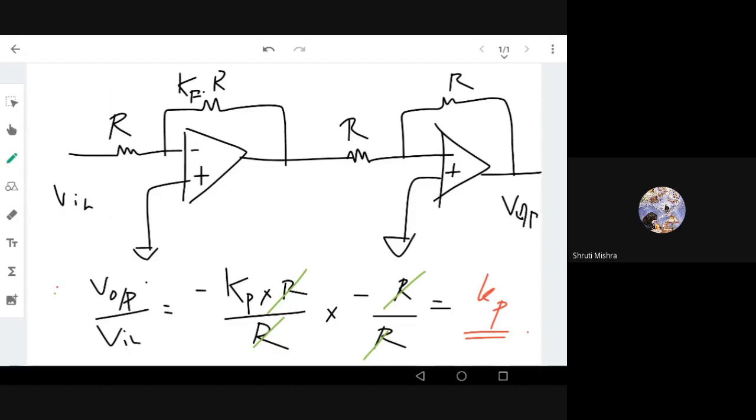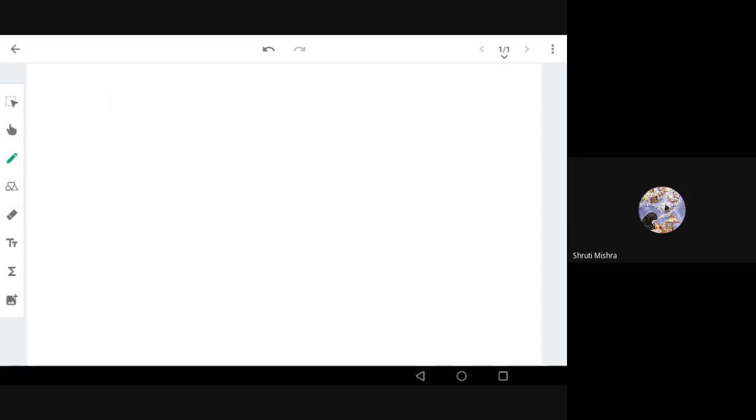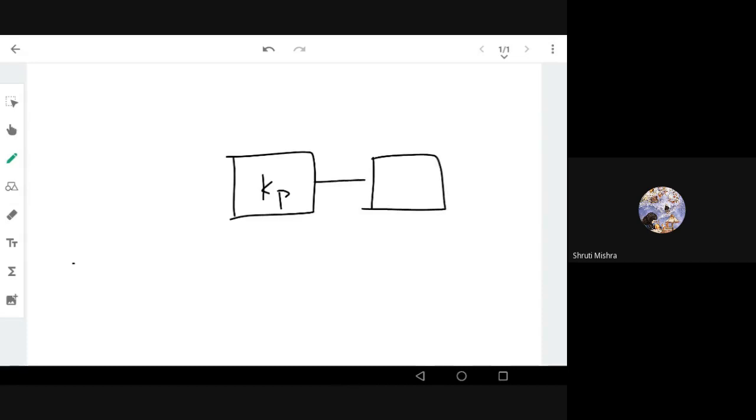Okay. So how do you design the control system after getting the proportional controller? Just instead of the controller, we just give the gain Kp. Now we have the plant. So this is u(t), you can say u(t), the output of the controller. This is the error coming from the difference of the reference and the plant output. This is the plant.